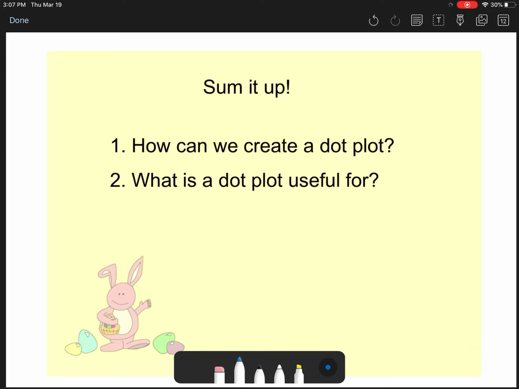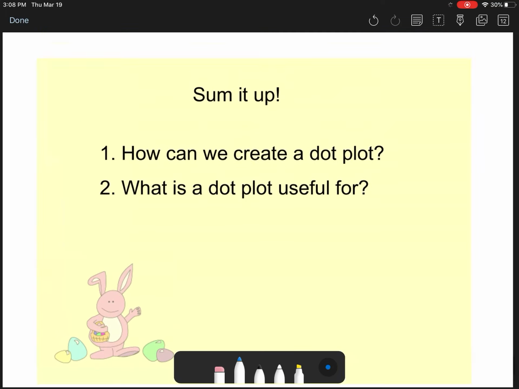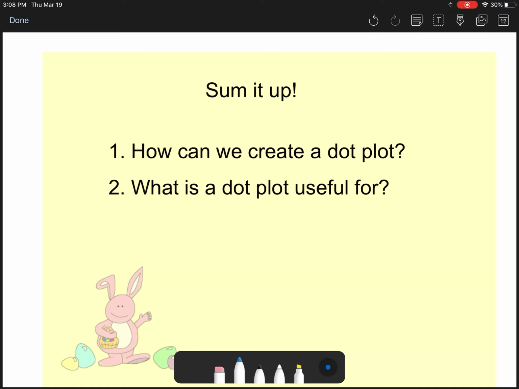A dot plot is useful to give you a visual, to make it easier for you to see how the data is dispersed, where the center of the data is going to lie. It's much easier to see that than it would be if we were to graph this in a different way.